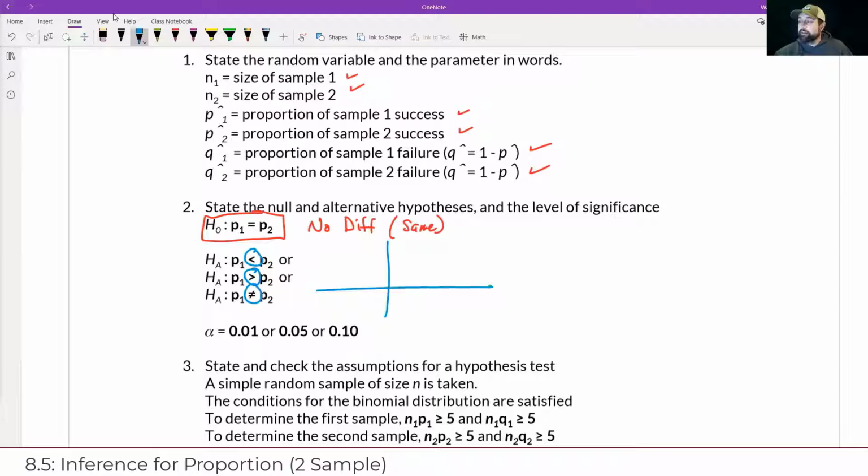And once again, I know you're getting tired of seeing this, but less than means below this area, less than. Greater than means this area here, greater than, and not equals to means both. So depending on how we set that up, determines which area you're looking for.